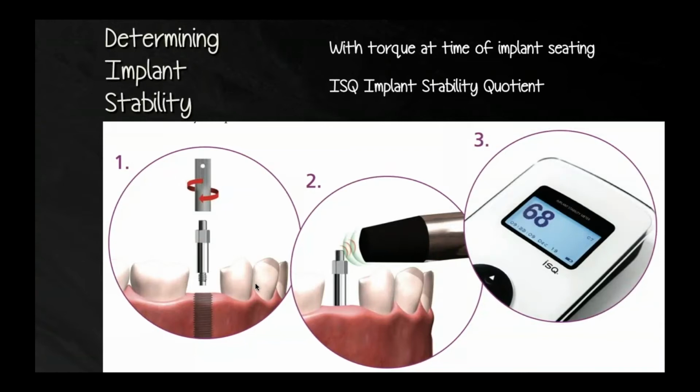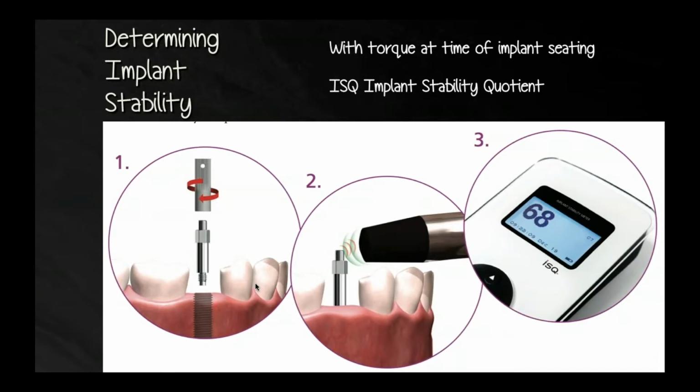So we have two methods of doing it in our practice. One is the implant stability quotient that we have from a piece of equipment from NEOS, which basically uses radio frequency to determine how stable that implant is in bone.